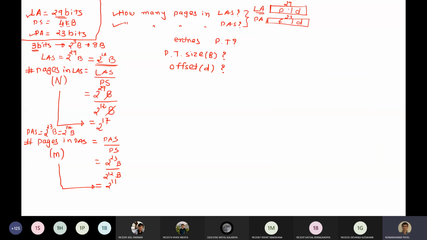So P depends on what? It depends on how many pages you have in logical address space.